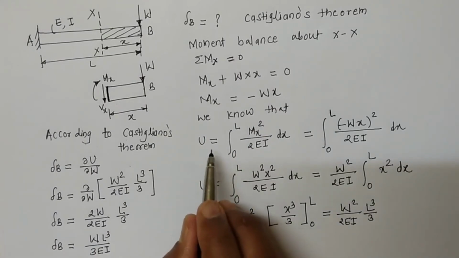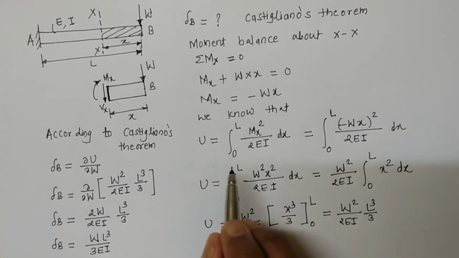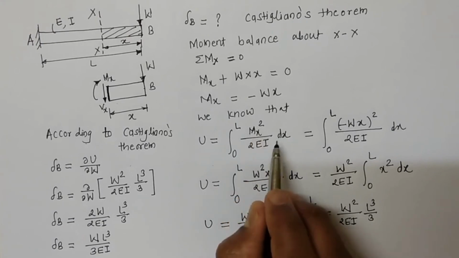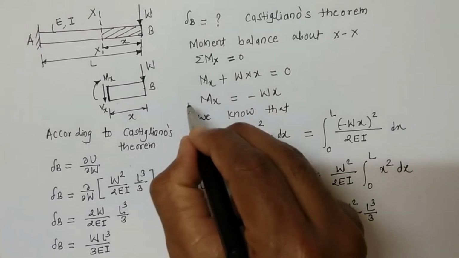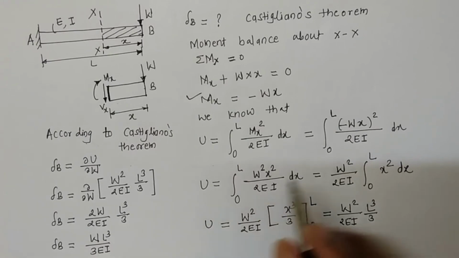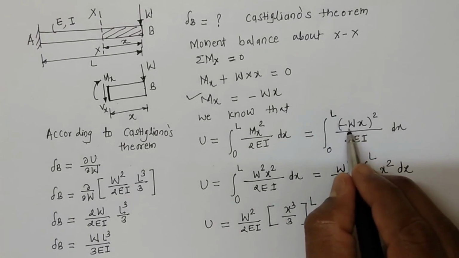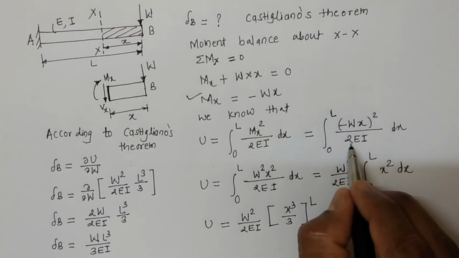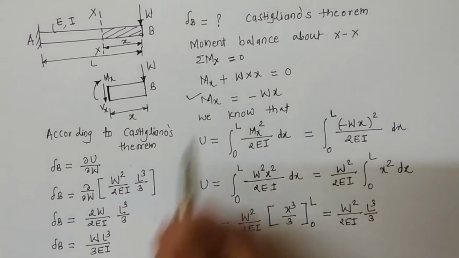And we know that the strain energy of bending is given by this expression, U equal to integral 0 to L Mx square by 2EI dx. And replacing Mx, here is the value of Mx we have calculated, that is integral 0 to L minus Wx whole square by 2EI dx.